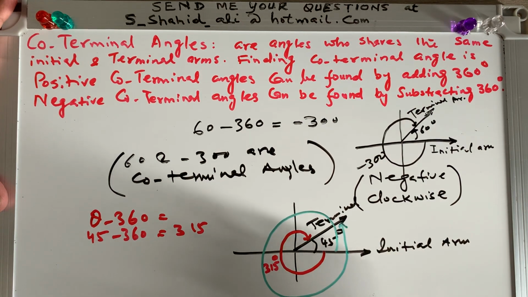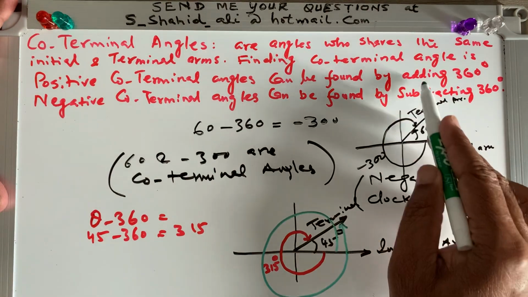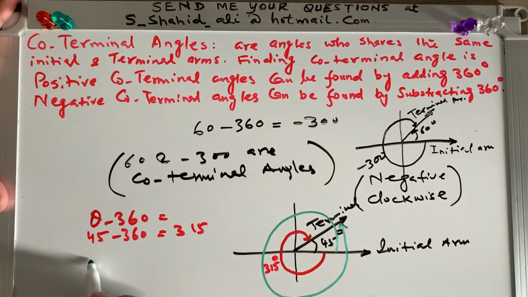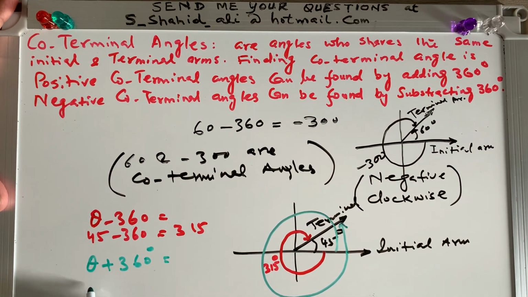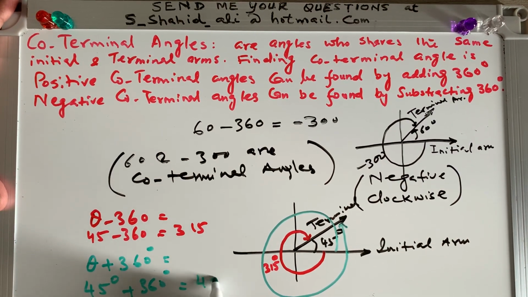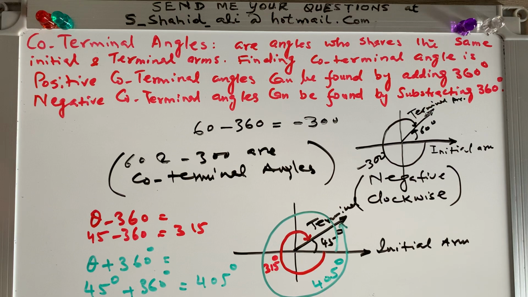So how can I find a positive coterminal angle? By adding 360. I will write theta plus 360 degrees is equal to my next coterminal angle, or positive coterminal angle. So 45 degrees plus 360 degrees is equal to 405 degrees. So this green angle is 405 degrees, which is positive, right?